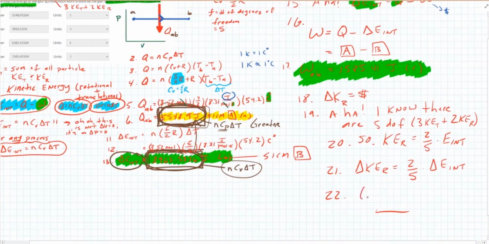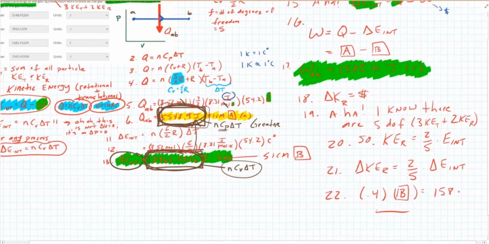So all I need to do is 2/5 is 0.4, and the change in internal energy is just sitting here in calculator memory location B. And that's why if I do 0.4 times alpha B, I get 1585.